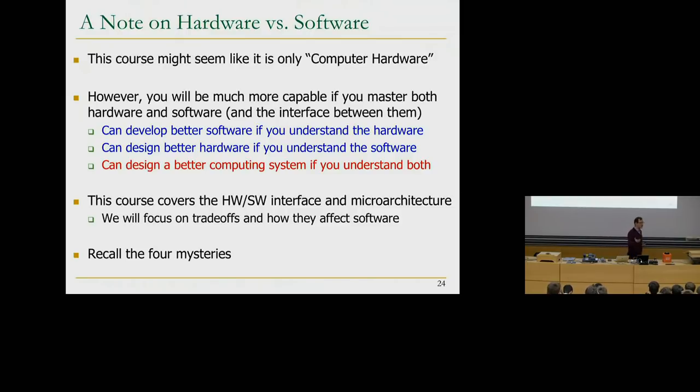So we call the four mysteries. The four mysteries are very good examples of this, actually. Even though the four mysteries are fundamentally hardware problems, that's why I chose them, they really affect software very heavily. Like the simple bit flip in hardware, the Rowhammer problem, affects pretty much all the software stack on top of it, right? The security. Meltdown and Spectre affect the software stack on top of it.